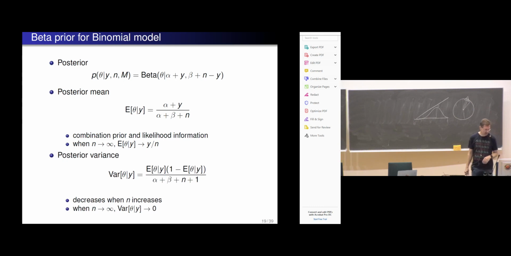Posterior variance, again there's analytic form, and the interesting part here is that posterior variance goes to 0 when number of observations goes to infinity. So priors are useful, but if we happen to have infinite amount of data, the data always decides.